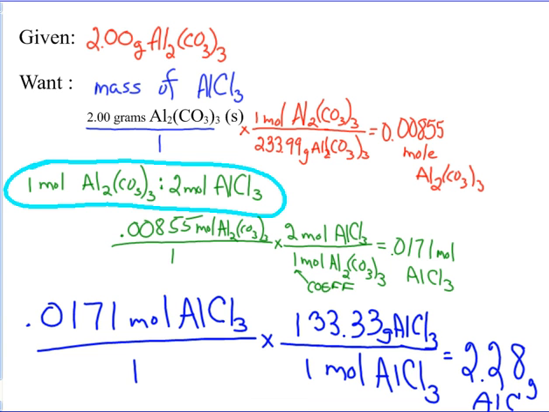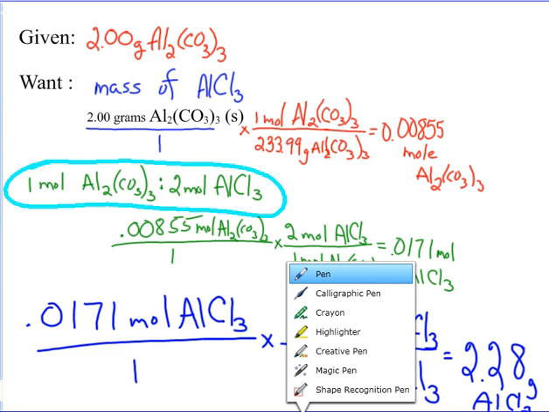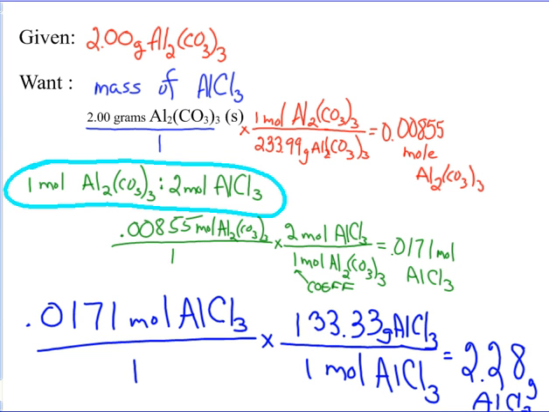Again, this is the mass of the product formed, assuming the reaction goes perfectly, assuming that what we've done is reacted 2 grams of aluminum carbonate with enough HCl so that all of the aluminum carbonate reacts. If that is the case, then the mass of the product formed, if aluminum carbonate were my unknown, is 2.28 grams.